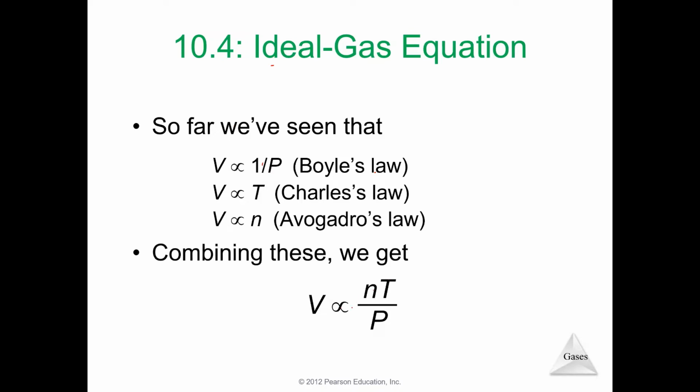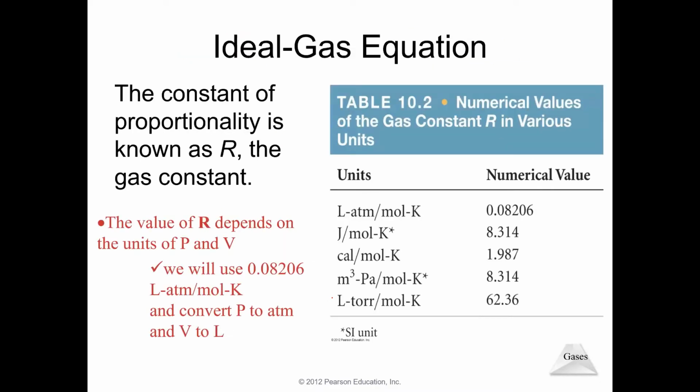NT over P. Remember, these are postulated from right here, the relationships. We already worked that out. Now we take that relationship, this is a proportionality constant. We convert that to an equation by introducing a constant. And that constant would be what? This is the very typical gas constant that is used and universally accepted, all right?